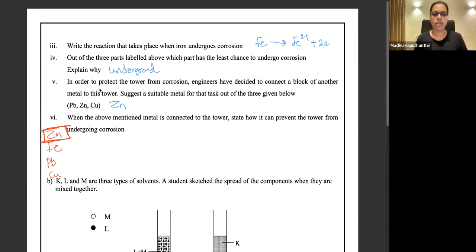On the Fe surface, the reduction reaction is happening with respect to oxygen. So the simple idea is that the metal is protecting the signal tower by undergoing oxidation in place of iron. Therefore, our iron is protected. That is sacrificial protection.